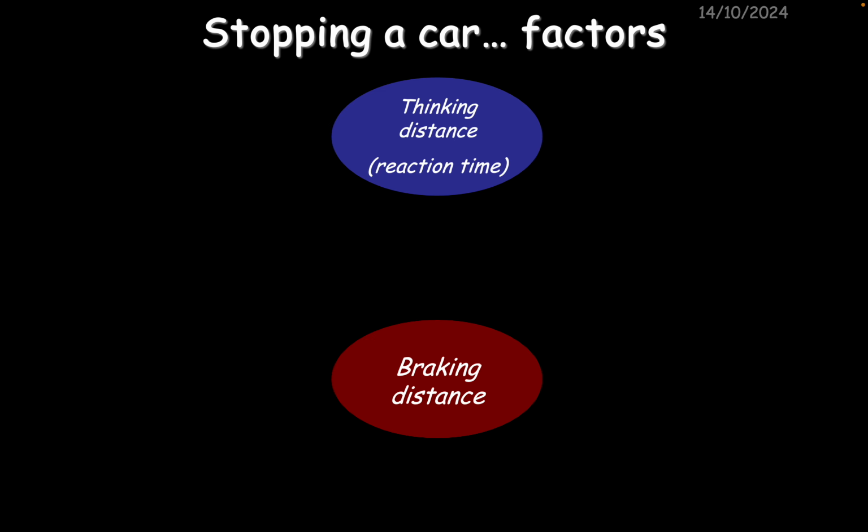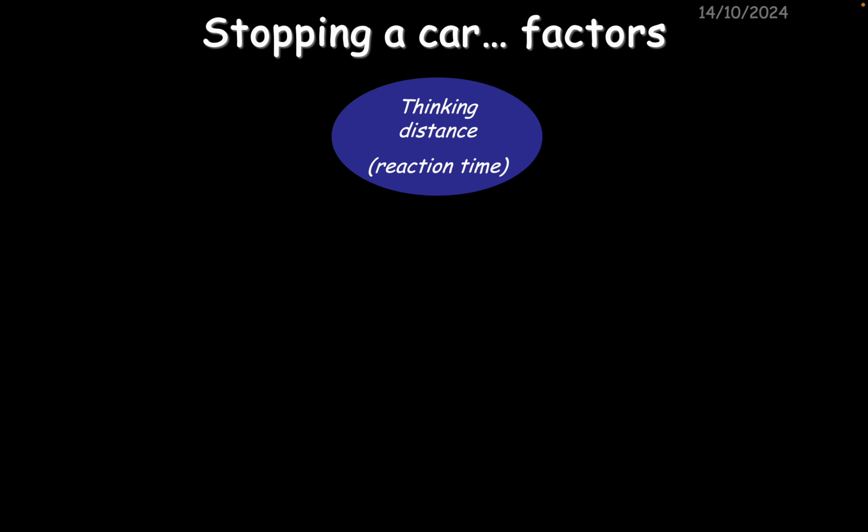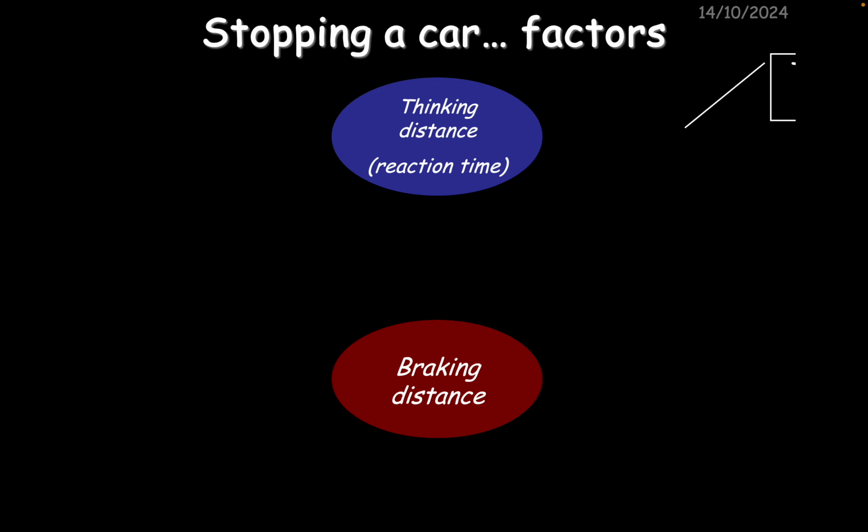So, and then once you have thought about stopping the car, your foot will move from the accelerator pedal to the brake pedal, and then you have to consider the factors that affect the braking distance. Okay, so what factors are involved with thinking distance? So in thinking and in braking distance.